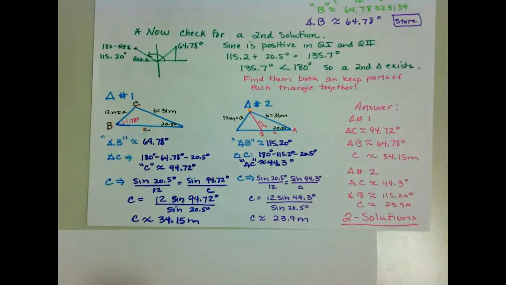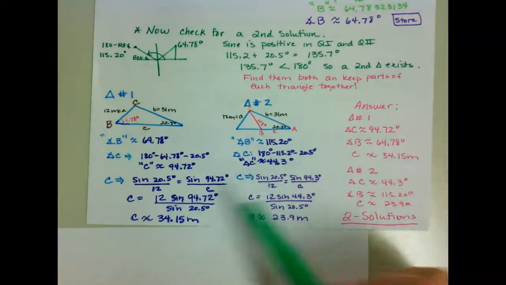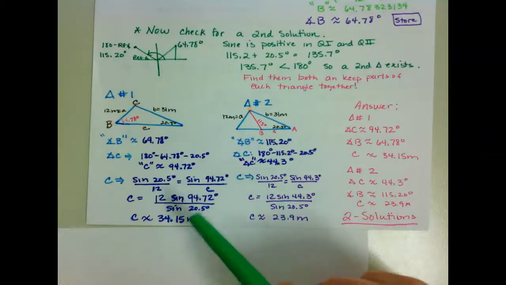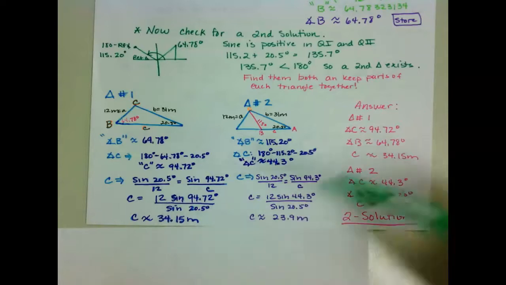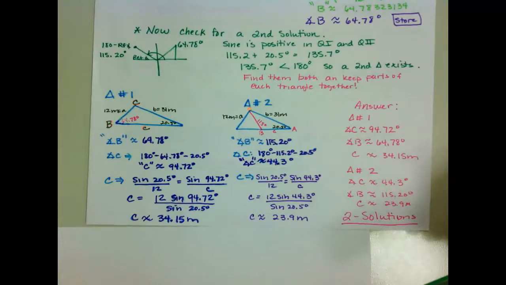As we are doing the C, we're using the law of sines, we're writing down our ratio, we're entering into our calculator, we get a value for triangle 1 of 34.15, and for the other C, it looks like 23.9. I'm guessing that might have been 0, but I'll double check on that.